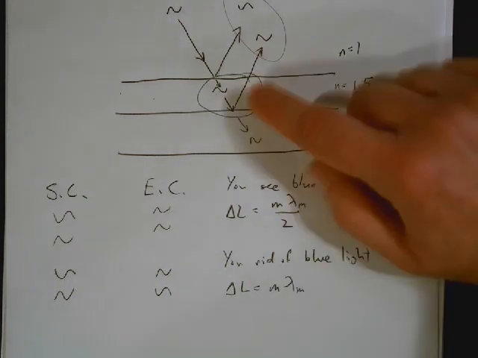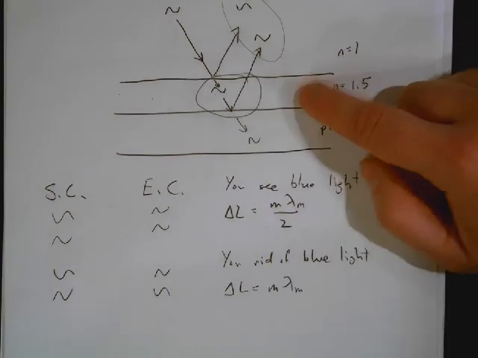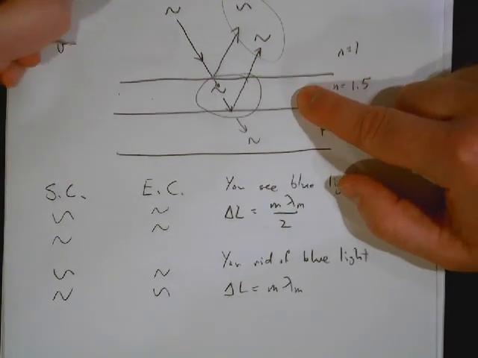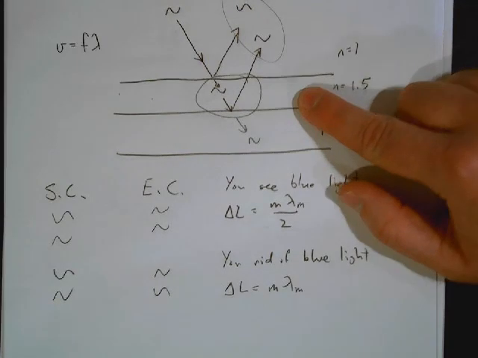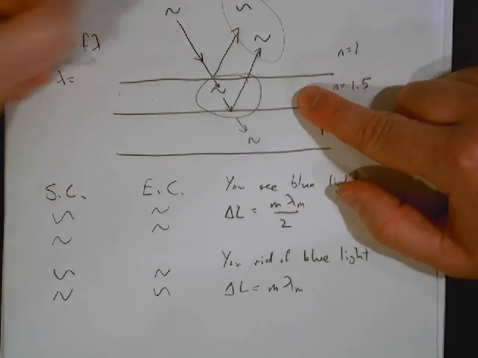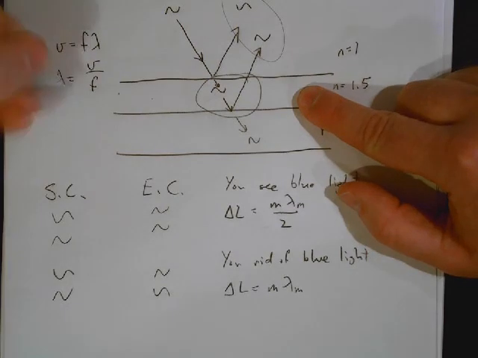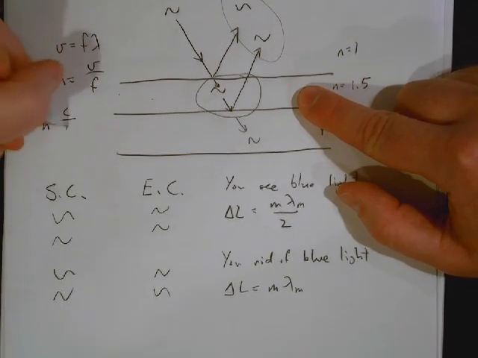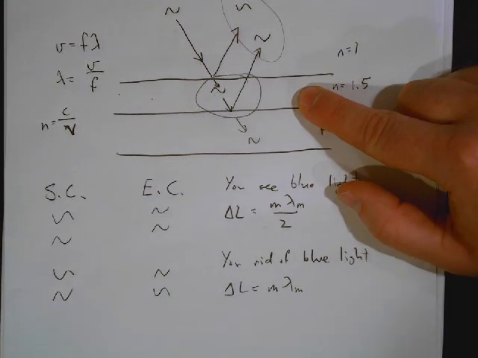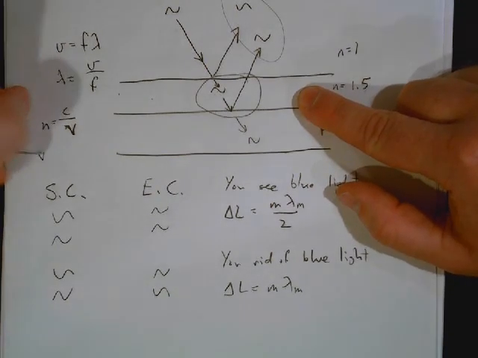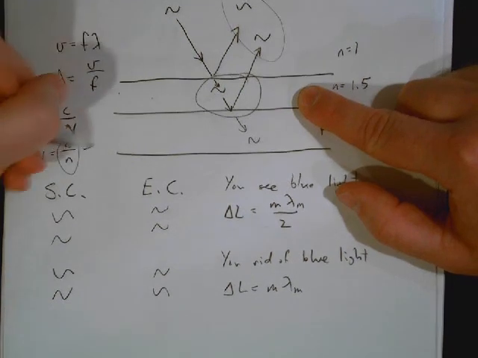How do you find the wavelength in the medium? I'll put a little m here, just to remember it's the wavelength that's occurring in that medium. So if you wanted to solve for that, you just think, well, I know this equation: n equals c over v.